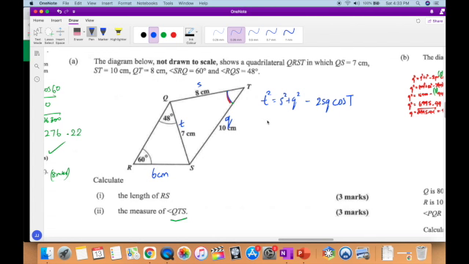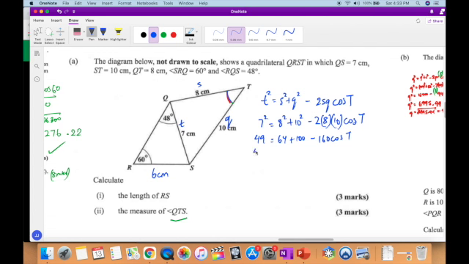Alright, so now we can plug in some values. t squared is equal to s squared plus q squared minus 2sq cos t. Let me just work out some of these things here. 7 7s are 49, 8 8s are 64, plus 100, minus 8 by 10 is 80, times 2 is 160 cos t.